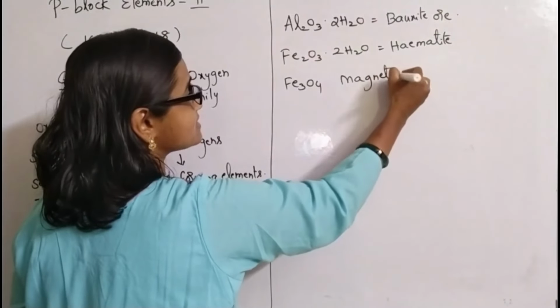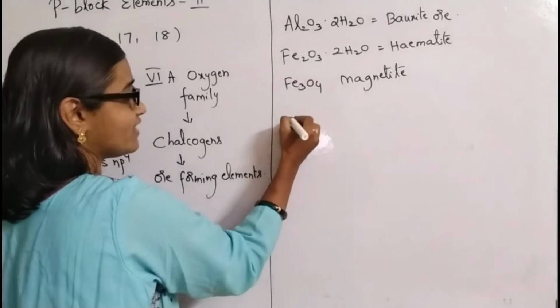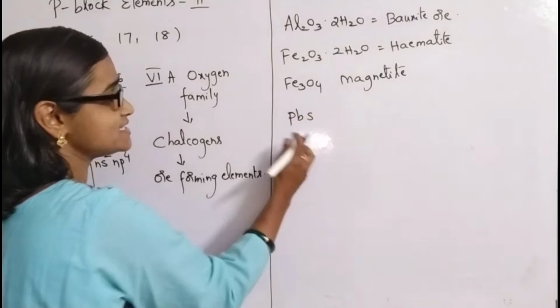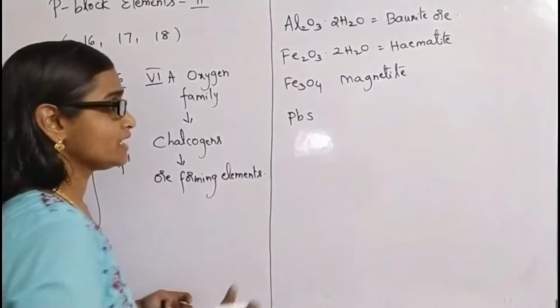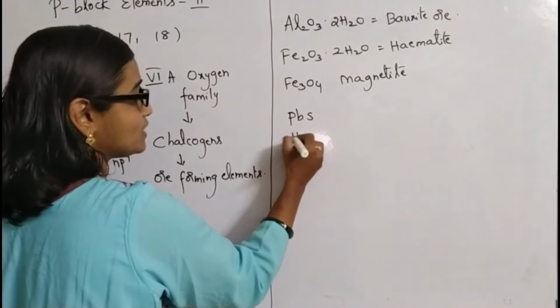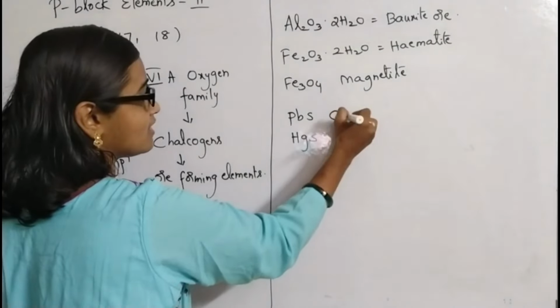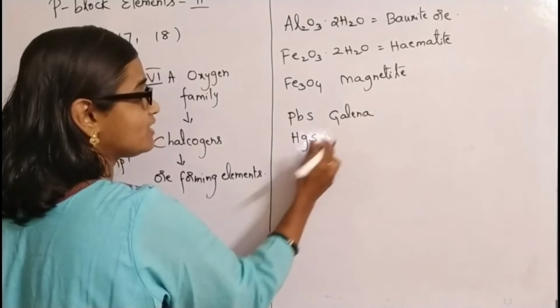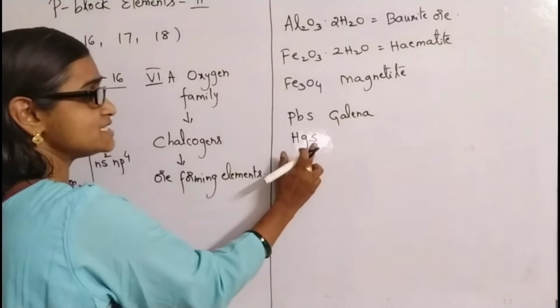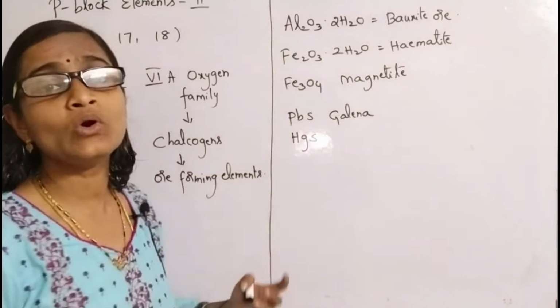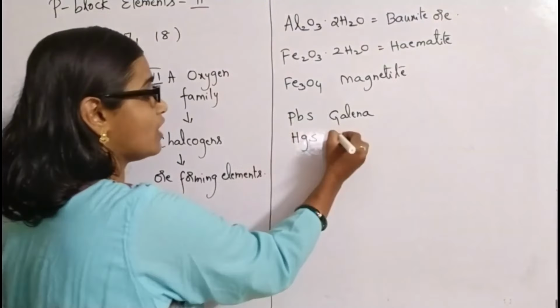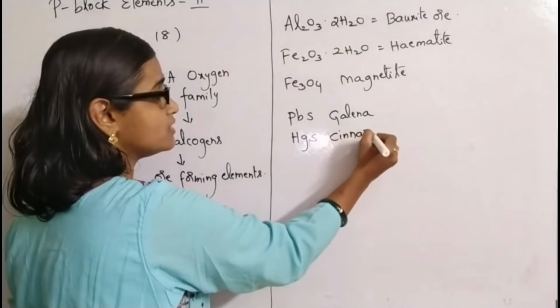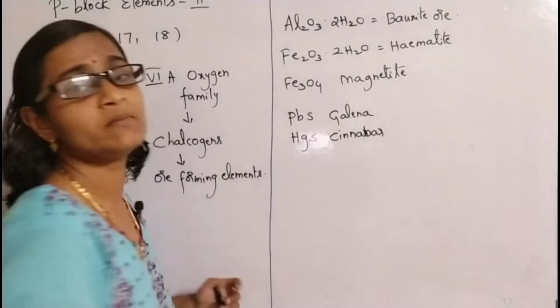Even sulfide ores are there. We have sulfide ores like PbS, galena, which is lead sulfide, and mercuric sulfide, cinnabar. Here sulfur is forming an ore of mercury, which you call cinnabar.